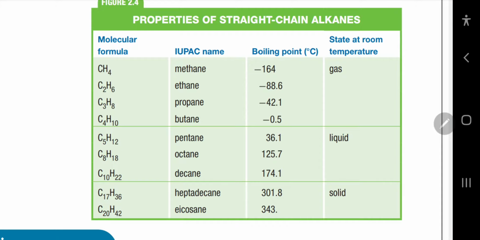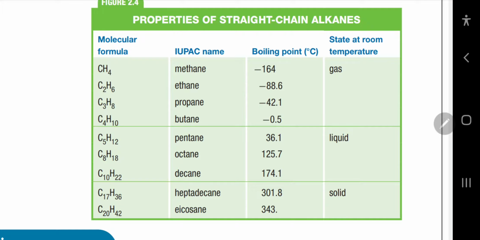And as the number of carbon atoms increases in the compound, the boiling point also increases. This is why pentane, octane and decane are liquids at room temperature, which is 25. The boiling point for pentane is 36.1 and it is 125.7 for octane, while it rises up to 174.1 for decane.